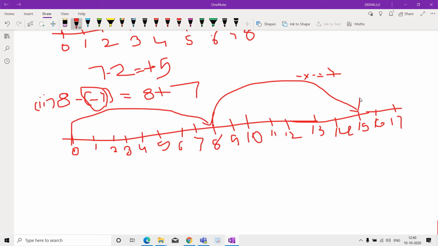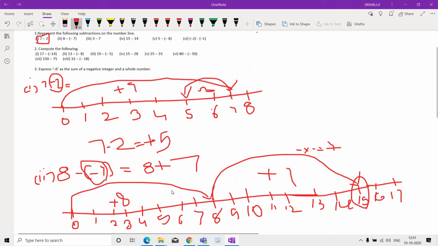If it is negative, that time we will jump backward. So 8 plus 7 is 15. So we completed the second problem also successfully.